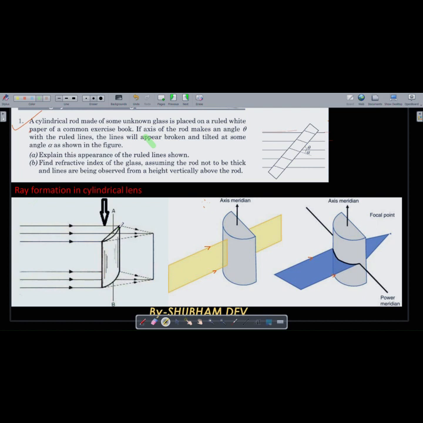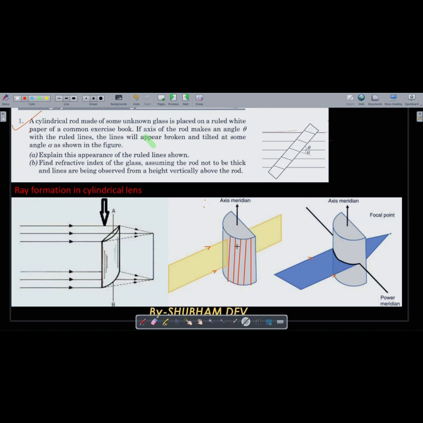Whenever the light ray falls on the cylindrical lens, there will be two types of formations. The first one will be like this. If you can see the cylindrical lens, this line is just parallel to this. You can say these are dx or dl elements of the cylindrical lens.